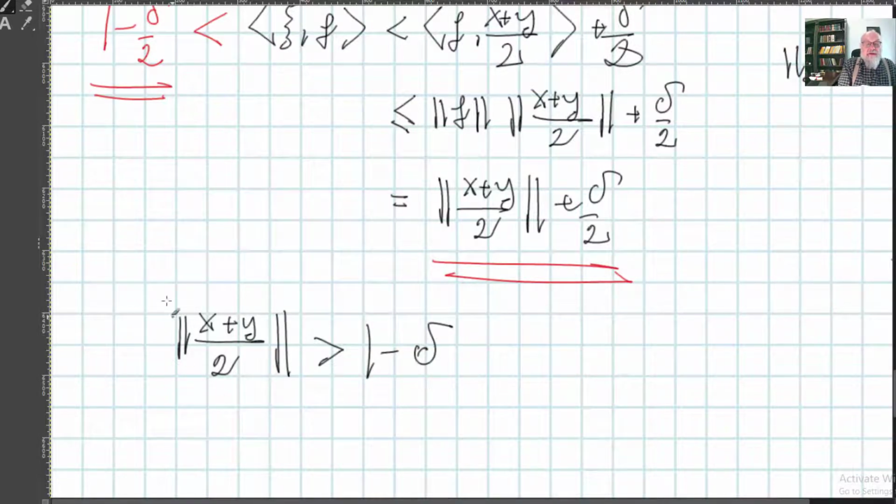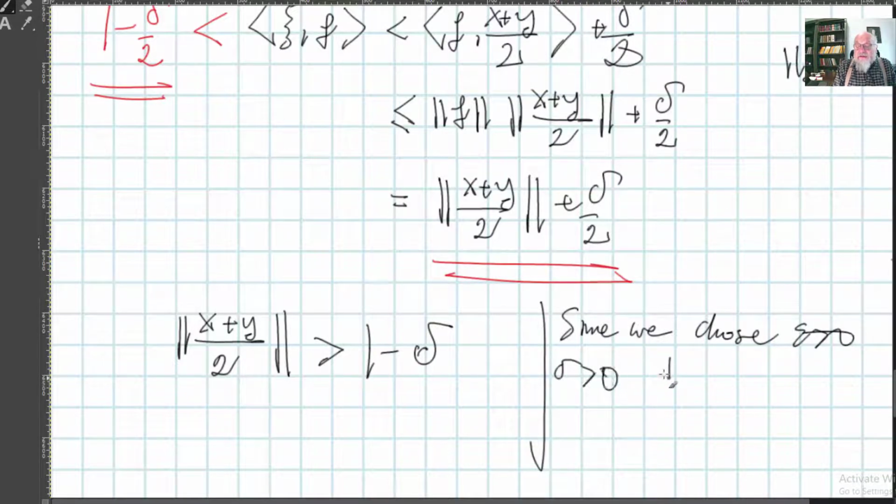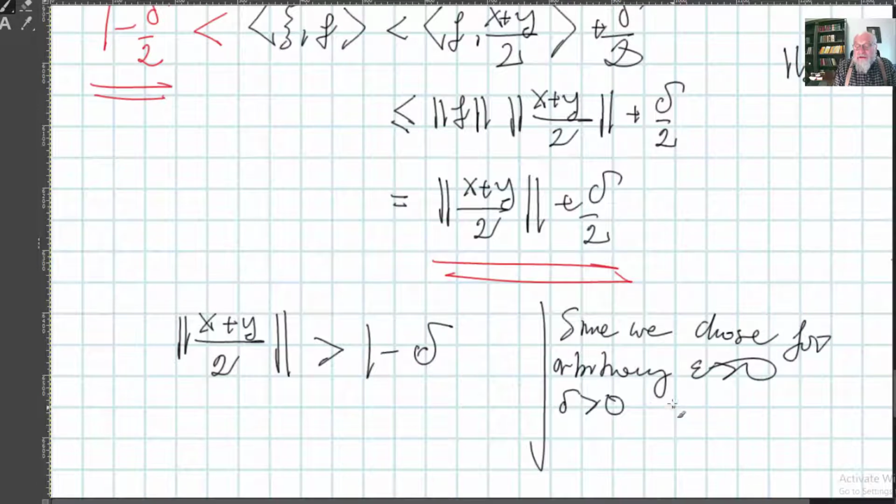And now we remember we chose epsilon arbitrary, and delta such that it satisfies the uniform convexity condition star.